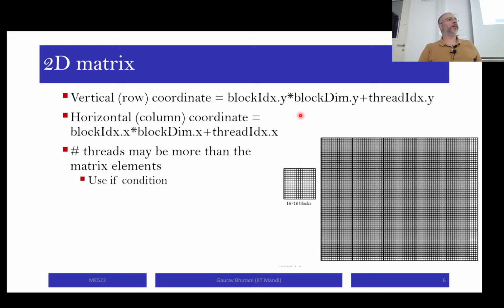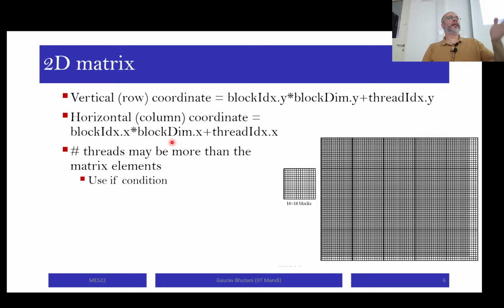That's this formula: blockIdx.y, which is 1 here because ids start from 0, times blockDim.y, the dimension of the block in the y direction, which is 16 in this case. So 16 times 1 takes care of adding these 16 rows, and then you add threadIdx.y, which is the row offset within the block you are sitting in. That becomes the row number.